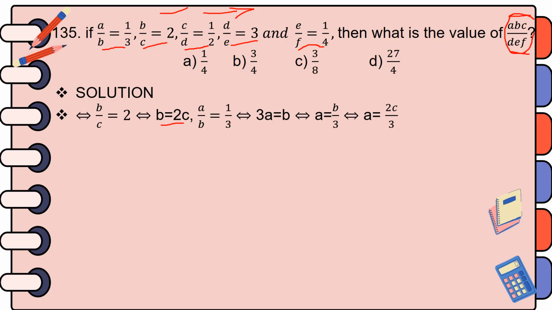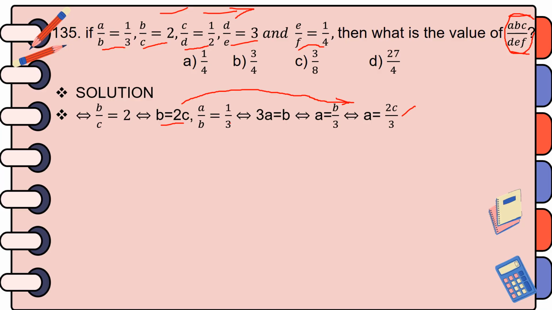But you get here B is equal to 2C, so you can substitute 2C for B, and A is equal to 2C over 3. That means now you get the value of B in terms of C, and again the value of A in terms of C.